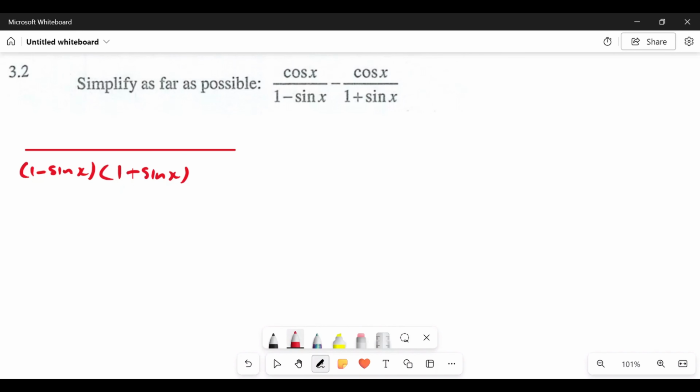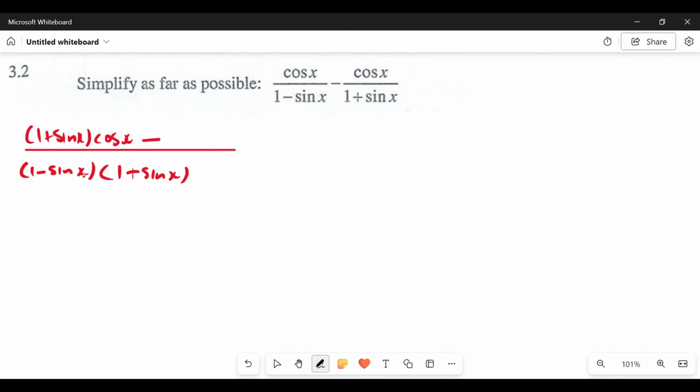Then the next step here is to divide each denominator into our LCD, and then we multiply the answer with our numerator. We're going to divide this 1 minus sine x, and we're going to be left with 1 plus sine x multiplied by cos x, right? Minus. Then we go to the second term.